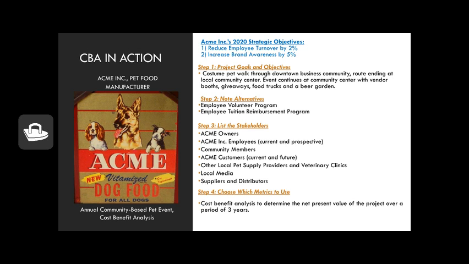And finally, for step 4, which asks us to define our metrics or essentially provide a schedule for the project. In this case, Acme wants to see a cost benefit impact over the next 3 years.